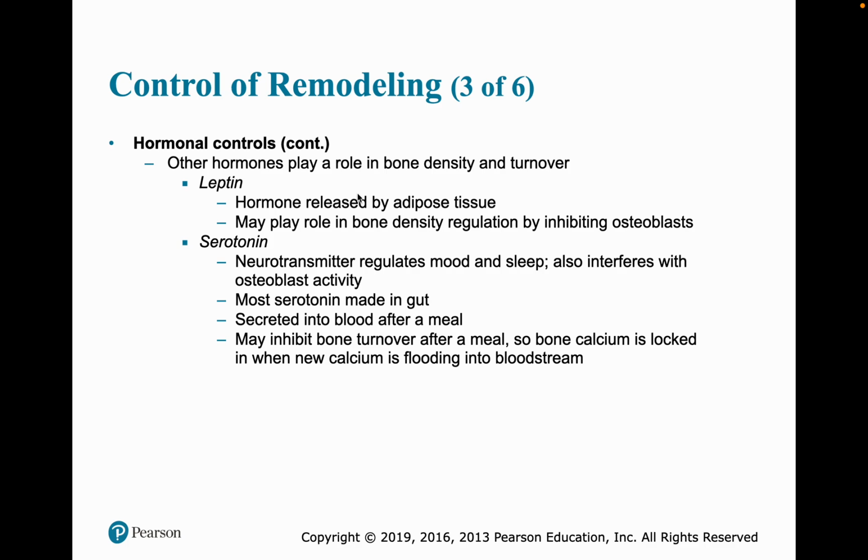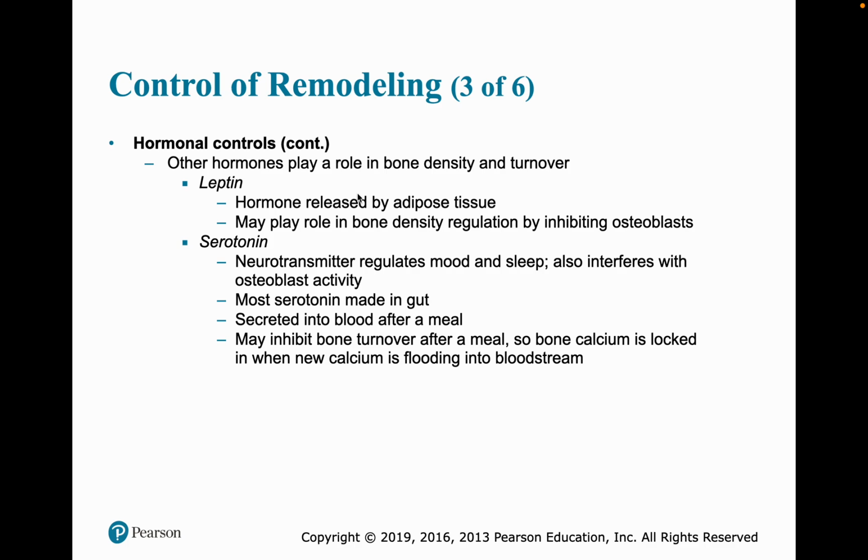So some of the hormones that play a role in bone density and turnover include leptin, a hormone released by adipose tissue. Its first function was to turn off appetite in the brain, but it also has a role in bone density, and it may do so by inhibiting osteoblasts.